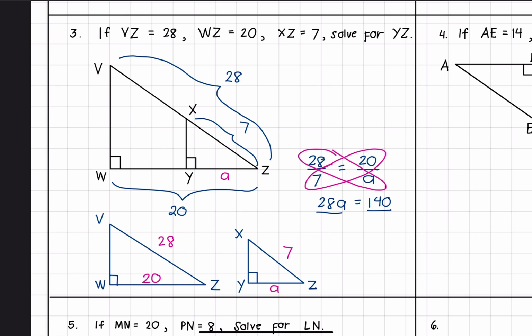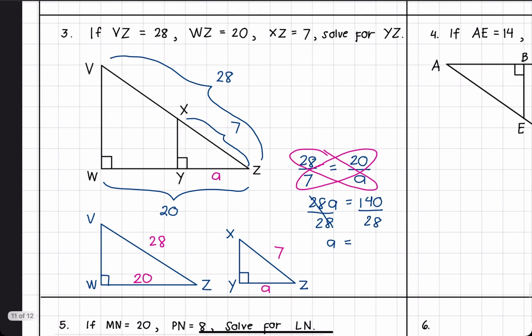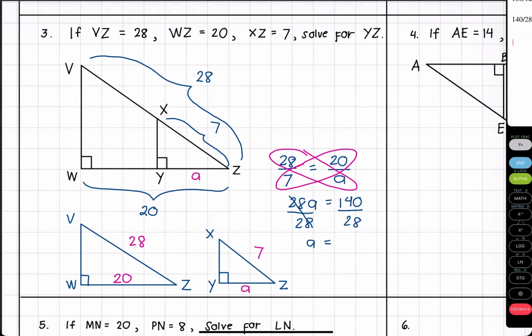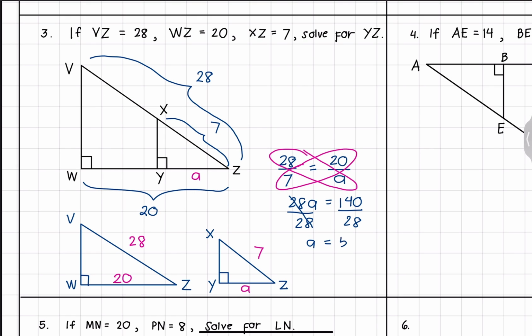And then divide both sides by 28. 28 divided by 28 is 1. So we have A here is equal to 140 divided by 28 is 5. So our answer is 5. It means that YZ measures 5.